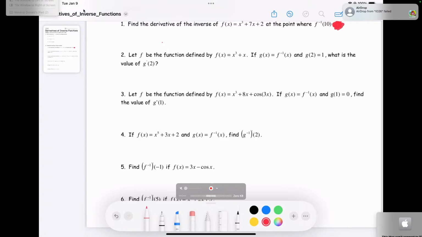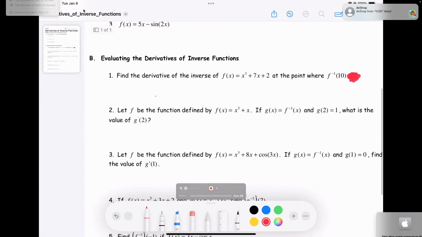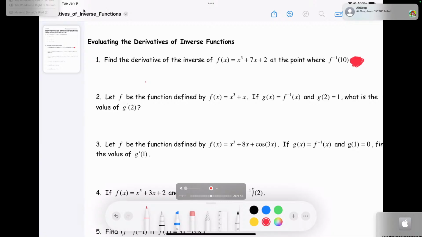Are those all the questions? Yeah, but do you know how to do the first one? Do you remember? Do you know how to do it? Have fun.